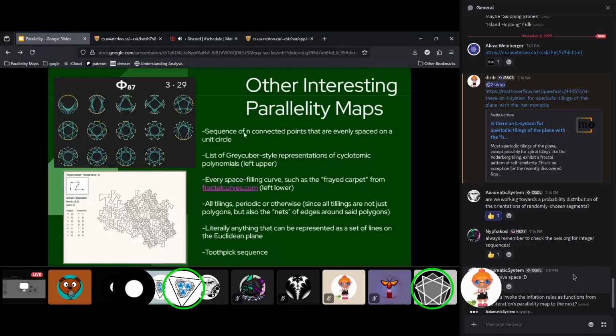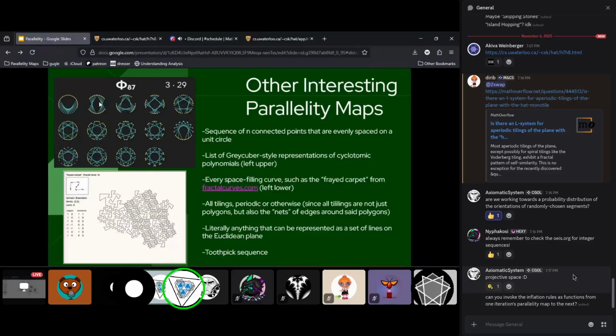Other interesting things to maybe consider for parallelity maps. The one that's really gotten stuck in my craw that isn't aperiodic monotile related is: what does the sequence of parallelity maps of n connected points on a circle look like? I started working on the first dozen iterations of that, and then it got very complicated very quickly.